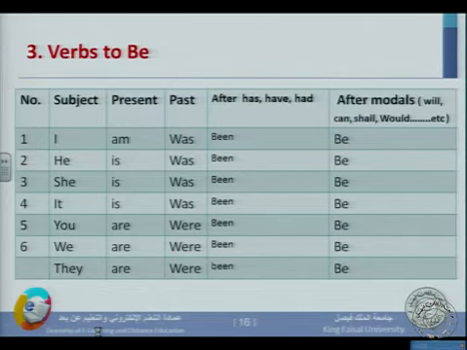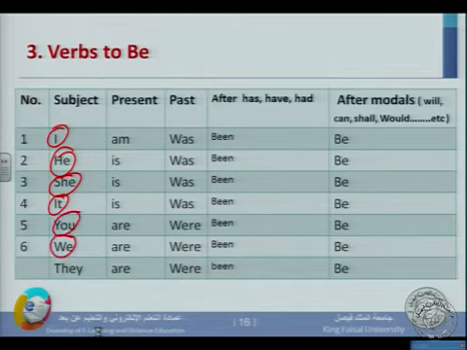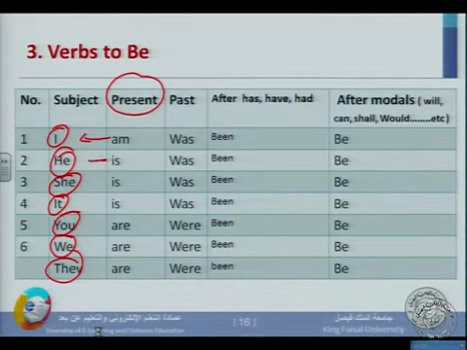Okay, here we have the verbs to be. As you know, last class we have talked about, we've started with I, he, she, it, you, we, and they. verb to be أخذناهم بالpresent في المضارع إنه إلها ثلاث أشكال. الأيم تيجي مع I am، الإز مع الهي والشي والإت، والآر مع اليو والوي والthey.